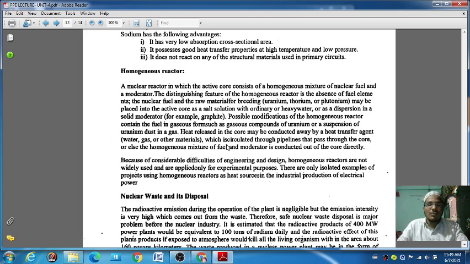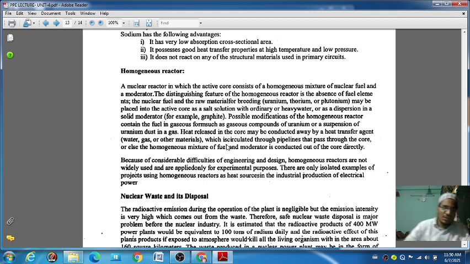Here we are using water, gas or other materials circulated through the pipe and passed into the core, inside the reactor. The fuel will be mixed, and the moderator is conducted out of the core directly. So the difference is that the moderator is outside of the core, whereas in the sodium graphite reactor it is inside the core. This is one modification of the sodium graphite reactor.